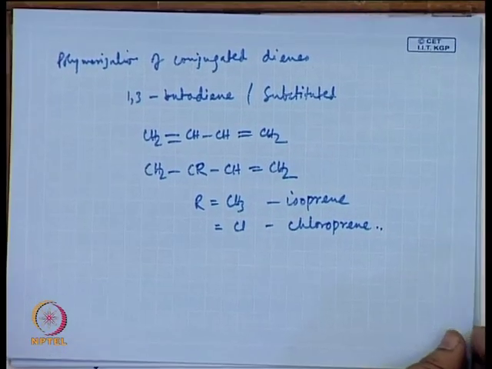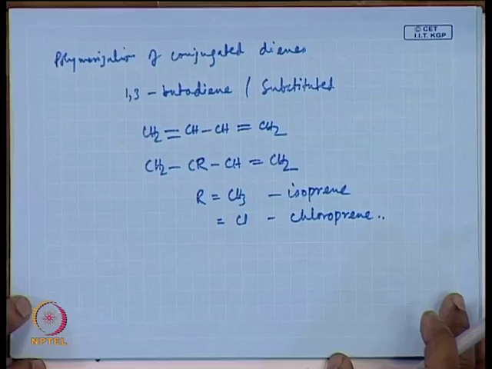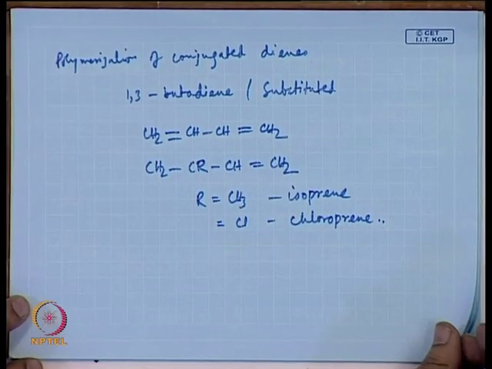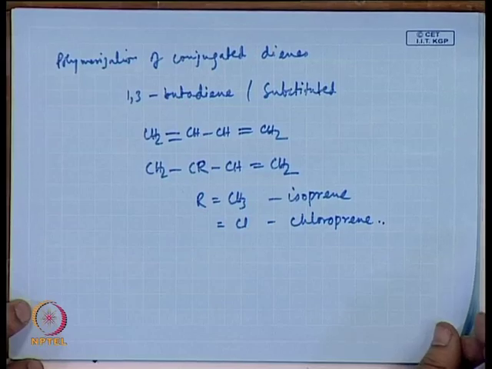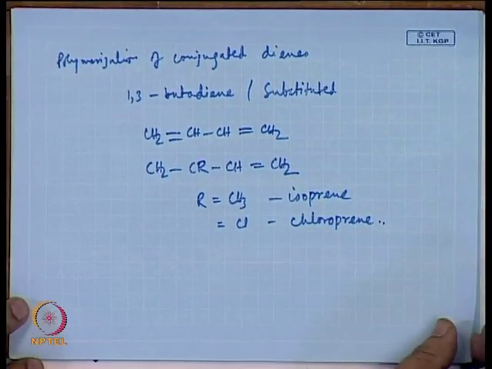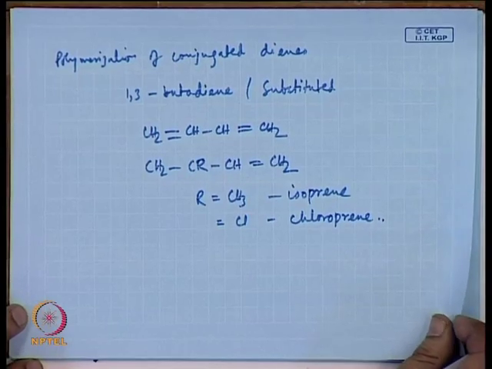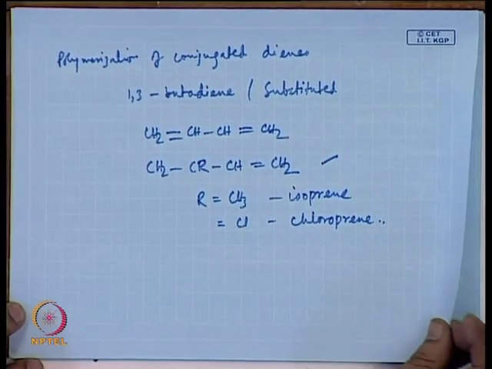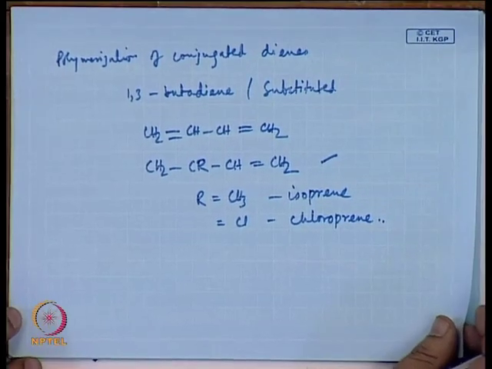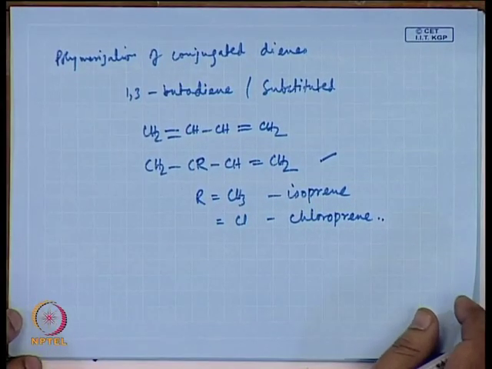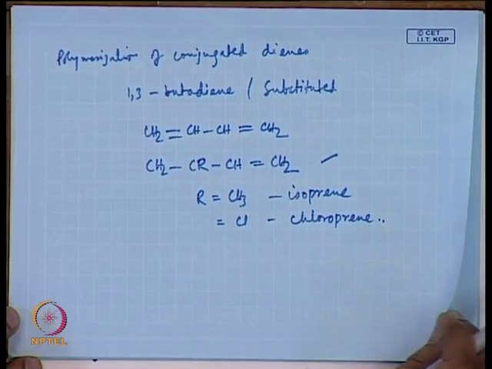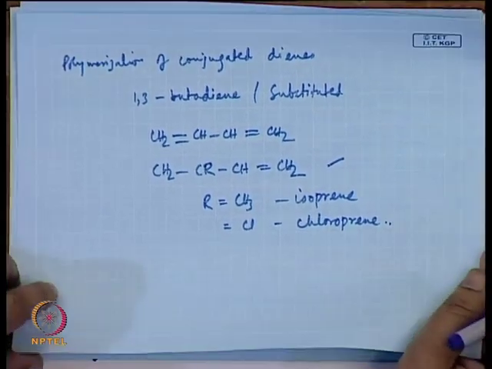Now, when you do a chain polymerization on this type of monomer, how can you imagine what the possible polymers are? For example, let us take this general structure and see how we can think of different polymers being produced from these general 1,3-butadiene type monomers.